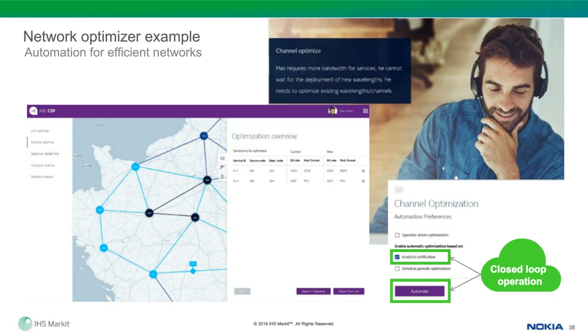This is where the whole programmability of the network comes in. For instance, he can optimize this PL1 service that's there in the middle, and he can select to go from what's now a 100 gig QPSK modulation scheme to up that to a 200 gig 16QAM.